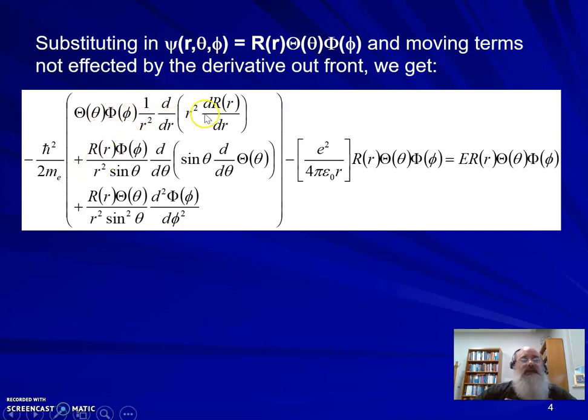And in the cases where there is a derivative being taken, only the function that relates to the variable for which the derivative is being taken remains in that derivative. The others act like constants and are pulled out in front. And so we've converted our partials to full derivatives since we were able to do that. And so now we have a full Schrödinger equation with those functions.